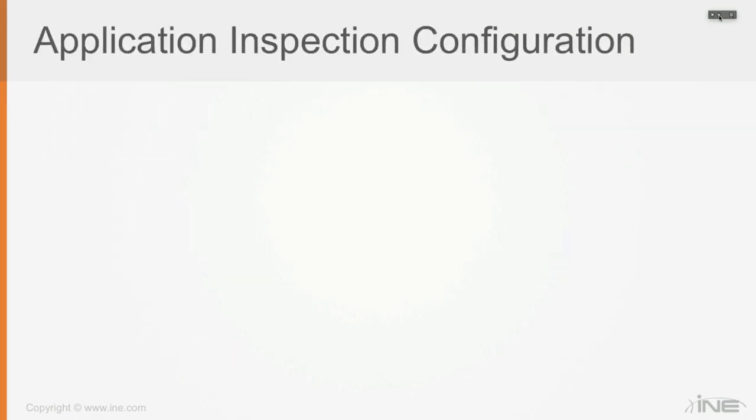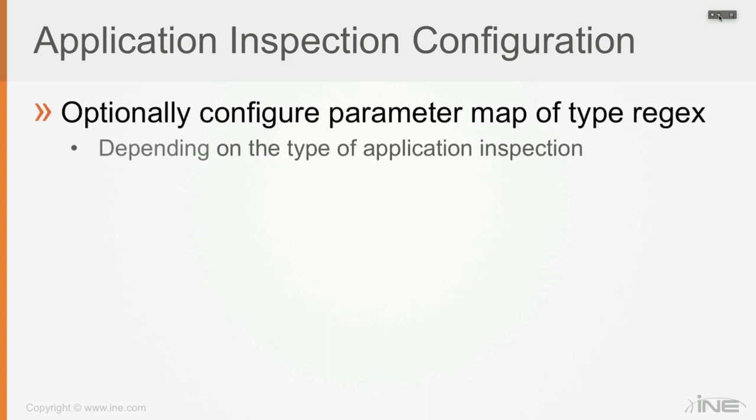Now, application inspection configuration-wise is going to be very simple. First of all, you can optionally configure a parameter map of type regex. Depending on the application inspection type you want to perform, you may need a parameter map of type regex or not. It depends.